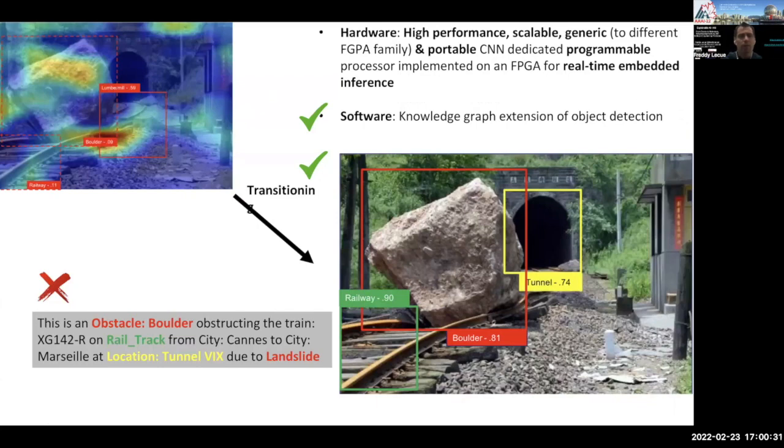So rather than having what you see on the left hand side, you want to get what you see on the right hand side. You want the right object detected, you want to get higher scores, and you get an explanation that connects all of those entities. All of those entities are basically found using co-occurrence in the DBpedia pages.